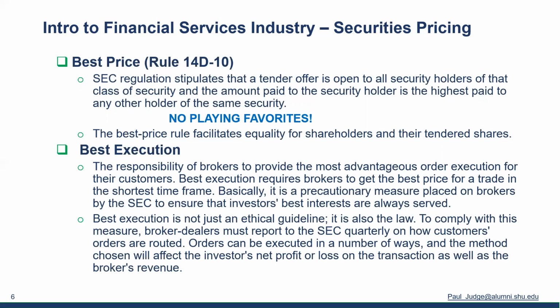If the broker can buy it for $10 a share in one spot, the broker shouldn't go and buy it someplace else at a higher price. If the broker is selling your security, he's going to sell it where he gets the best price for you. Now, this gets complex with a broker, because how many shares are you looking to buy or sell?